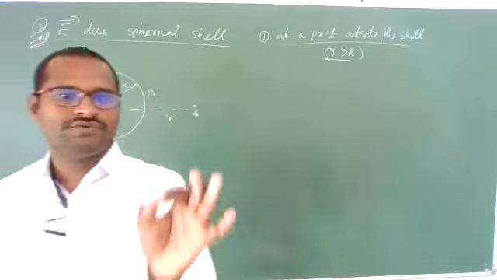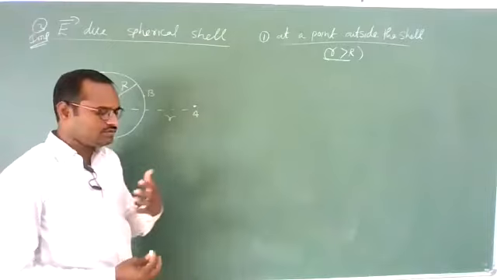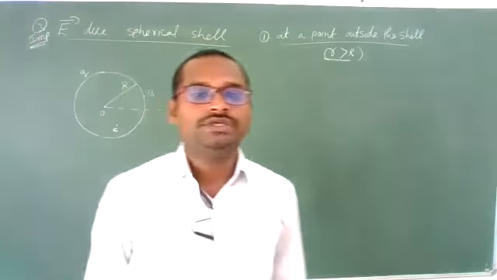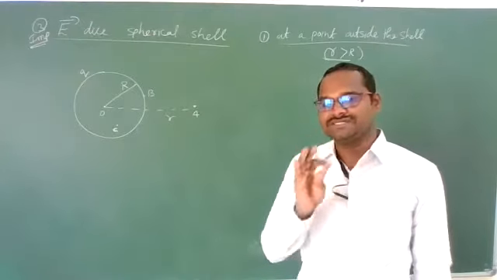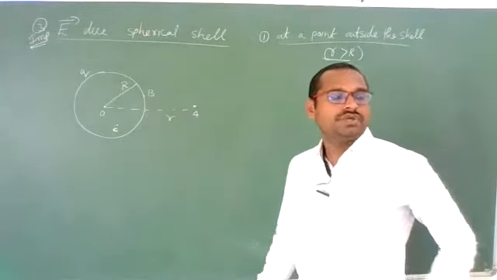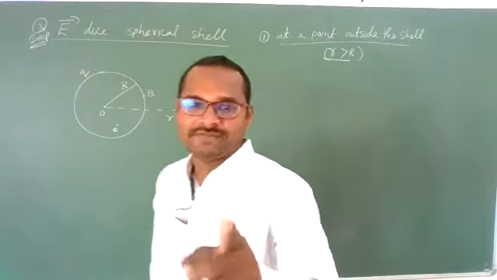What you can do? The best method is to go with Gauss law. Whenever you want to use Gauss law, you need to construct a Gaussian surface, one spherical Gaussian surface here. Which type of Gaussian surface you need to consider depends upon you.